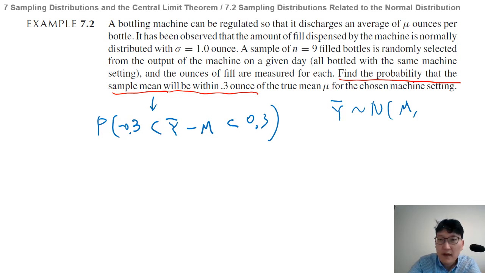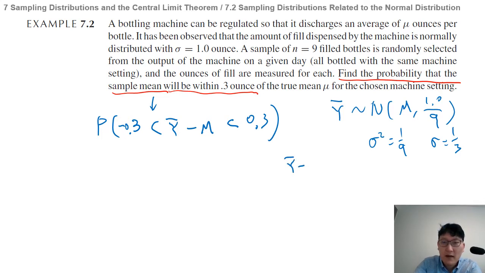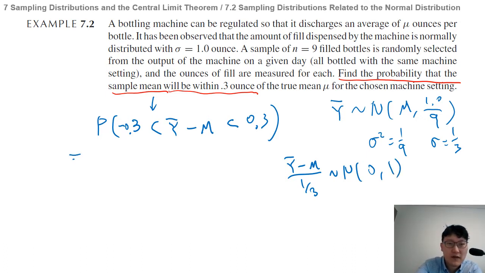Here sigma is 1 and n is 9, so the variance is 1 over 9 and the standard deviation is 1 over 3. And y bar minus mu divided by 1 over 3 follows a normal distribution with mean 0 and variance 1. So we can use this distribution.